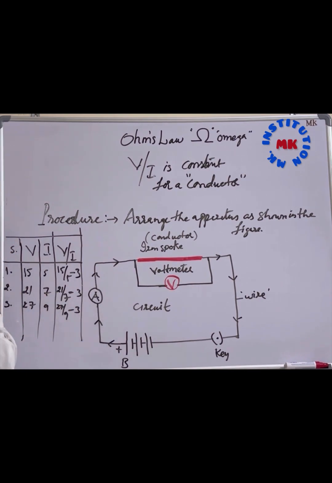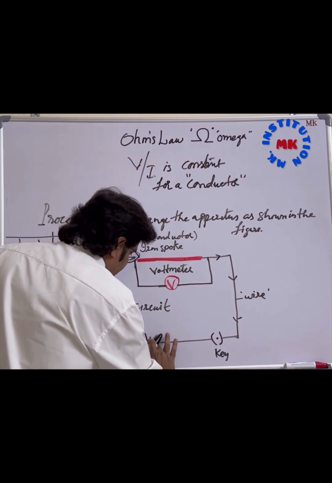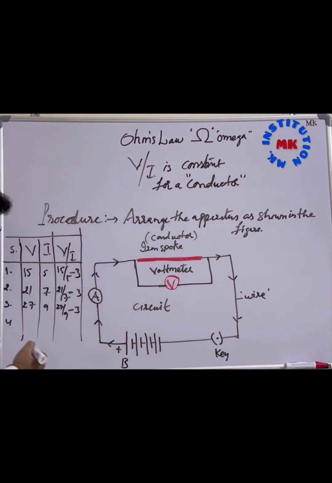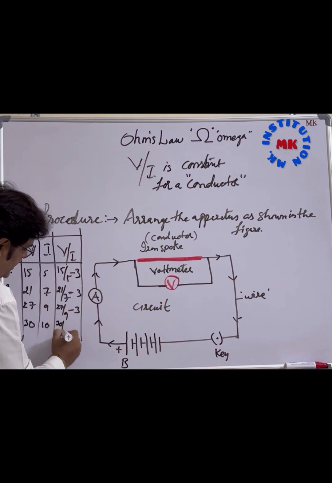Once again 3. Clear. Once again the fourth one, next battery. Here we keep one other battery, the fourth battery. Example, suppose the voltage is 30 and the current is 10. So 30 by 10. How much are you getting?